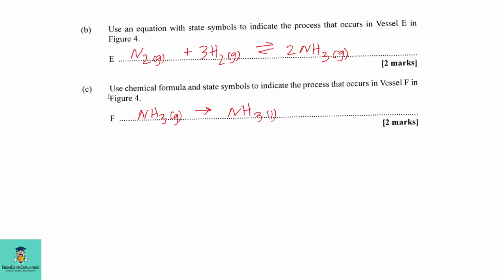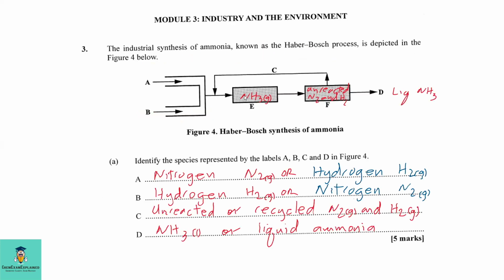Part C. Use the chemical formula and state symbols to indicate the process that occurs in vessel F in figure 4. So let's go back to vessel F. So remember, after you form your ammonia in the gaseous state from the reaction of nitrogen and hydrogen, you have unreacted N2 and H2 that was recycled.